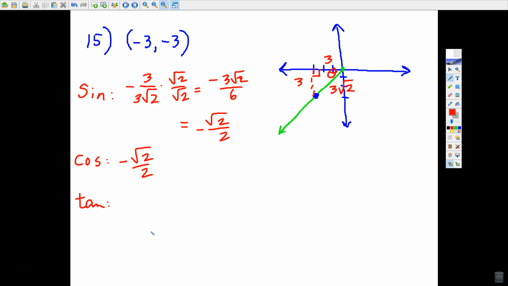Okay. Lily, what about tangent? Positive 1. All right, now let's do the inverses. Ruthie, what is the inverse of sine?